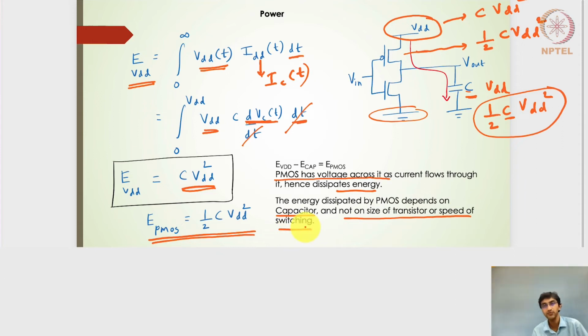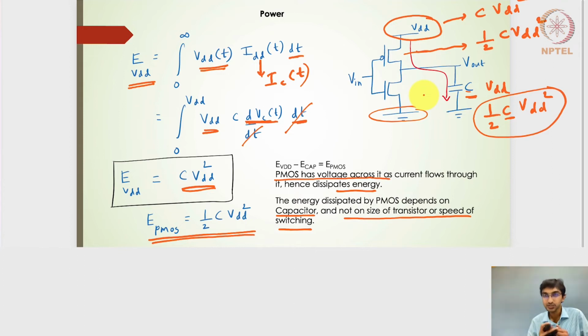Very, very important to understand: in a digital circuit, while I'm pushing the input from 0 to 1 or 1 to 0, the output actually switches from 1 to 0 or 0 to 1, and in 0 to 1, while the capacitor is charging, the output node voltage switches.